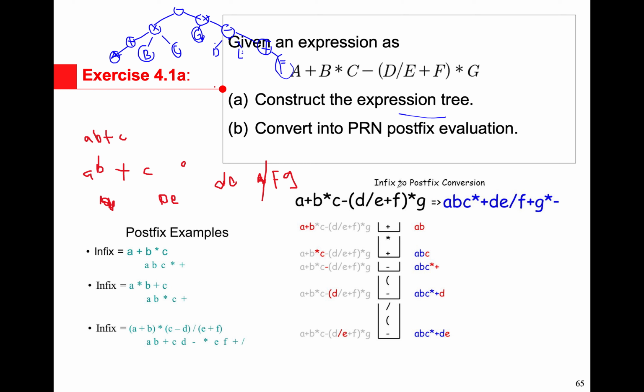If you want to change it into postfix, what are you going to do? You're going to go from left to right, and then you go to the parent, and again from the left to the right, and you go to the parent.